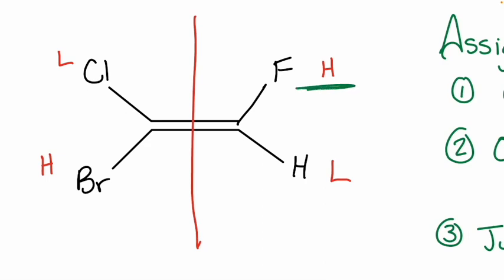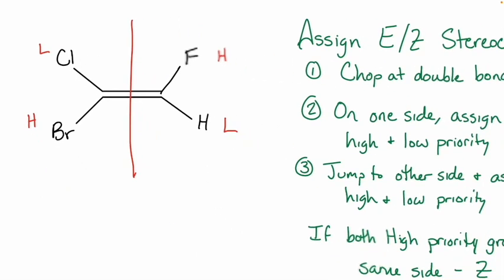I got a high priority group pointed up and a high priority group pointed down, so they are on opposite sides. So this would be the E stereoisomer.